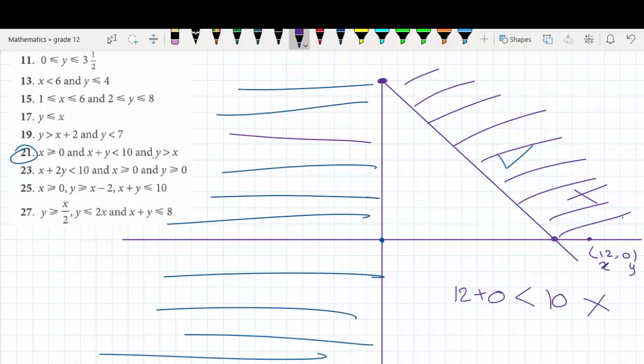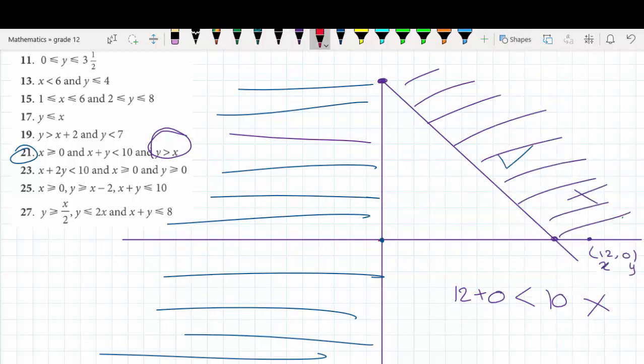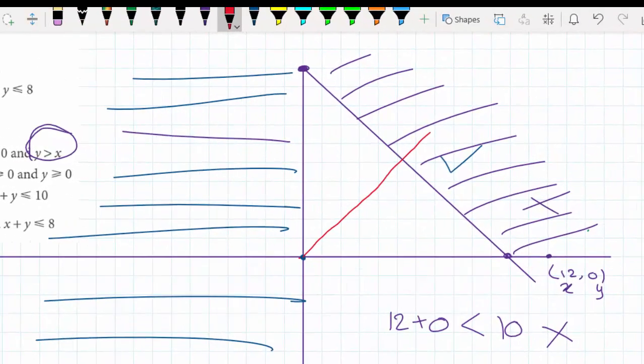And the third one: y should be more than x. So y equals x is a straight line passing through the center, through all the points that have x equal to y.